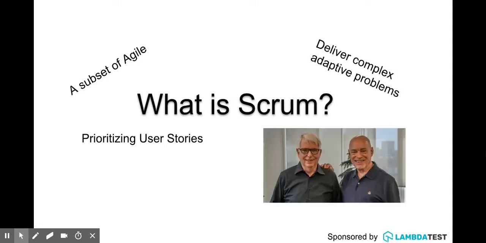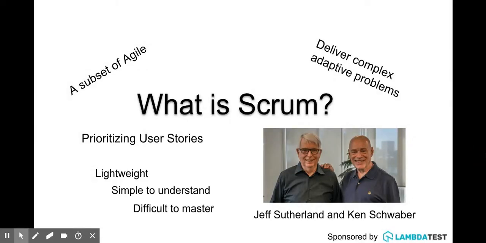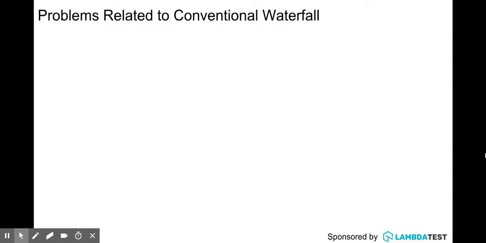Ken Schwaber and Jeff Sutherland invented Scrum. And if you ask me to define Scrum, I would say that Scrum is lightweight, simple to understand, and very difficult to master.